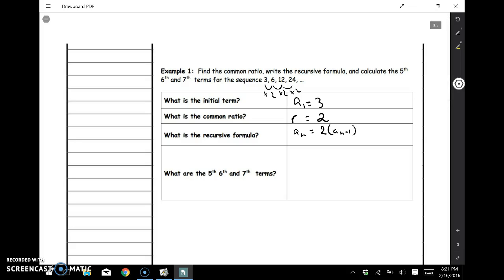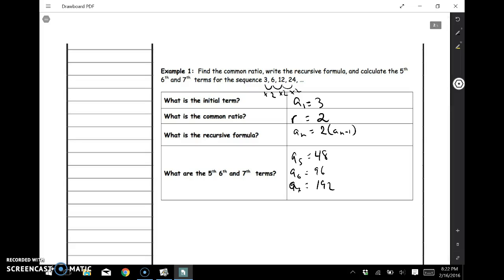Okay? And if I need to find the 5th, 6th, and 7th terms, I already have the 4th term up there, which is 24, so I keep multiplying. So a sub 5 is equal to 48. Multiply that by 2, a sub 6 is equal to 96. And then multiply that by 2, a sub 7 is equal to 192, because I am multiplying by 2 each time.